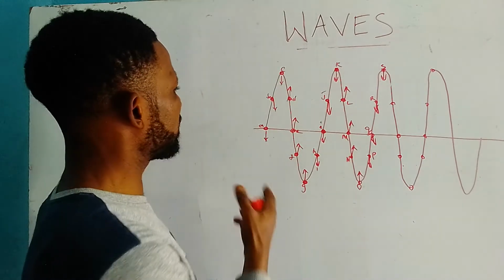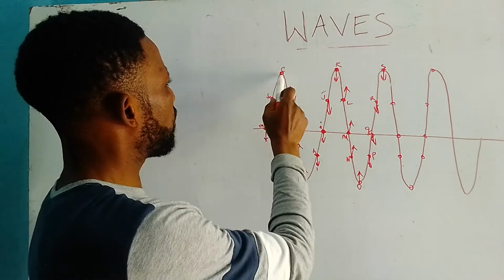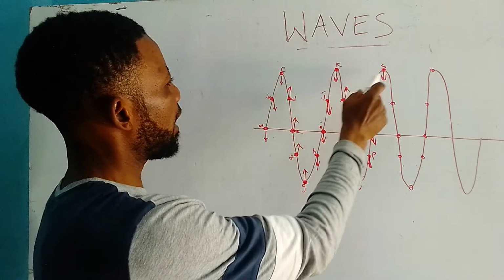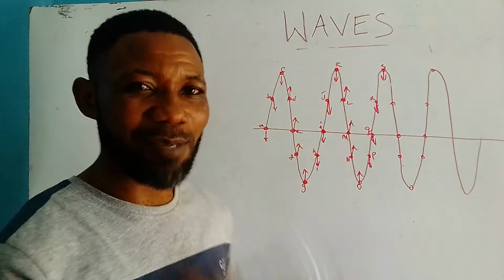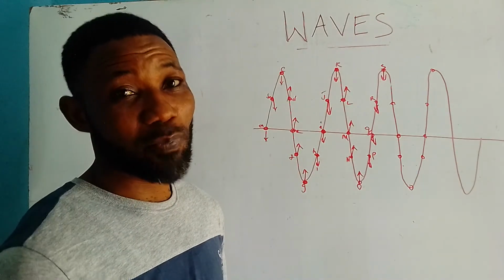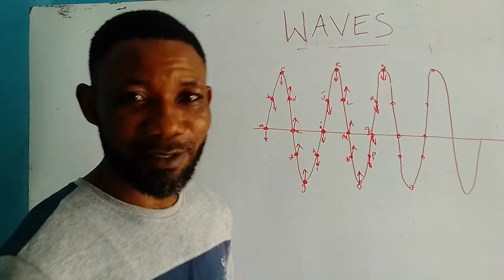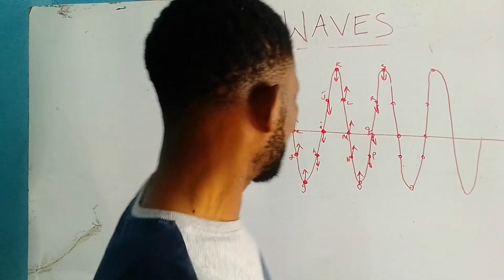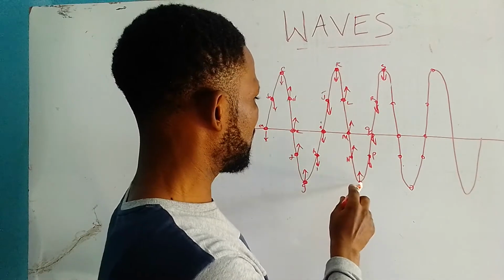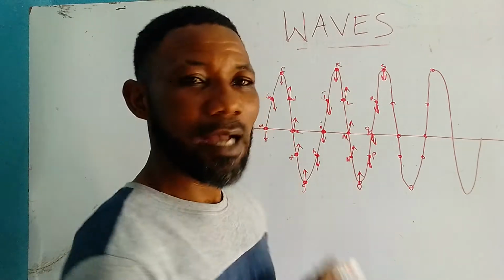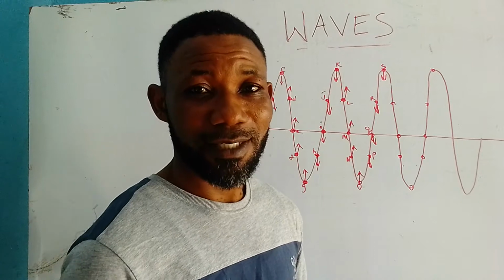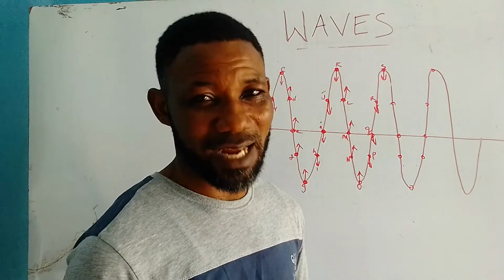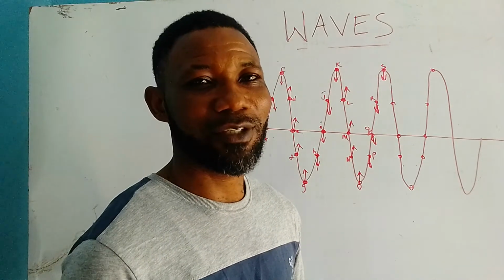Particles at this point C, K, S are moving in the same direction. They are said to be particles in phase. They are in the same direction. Particles G, O are also in phase because they are moving in the same direction.